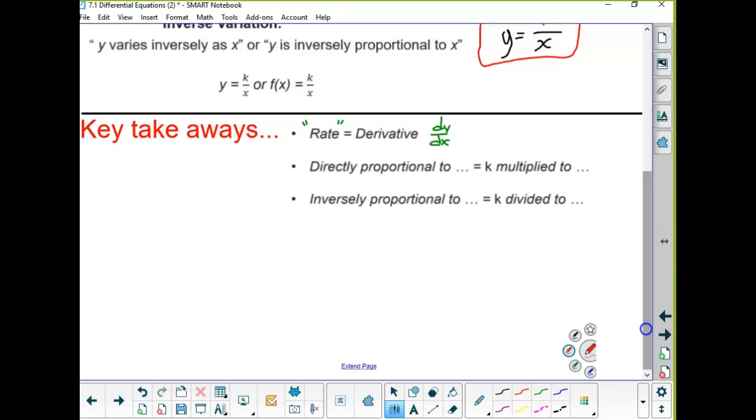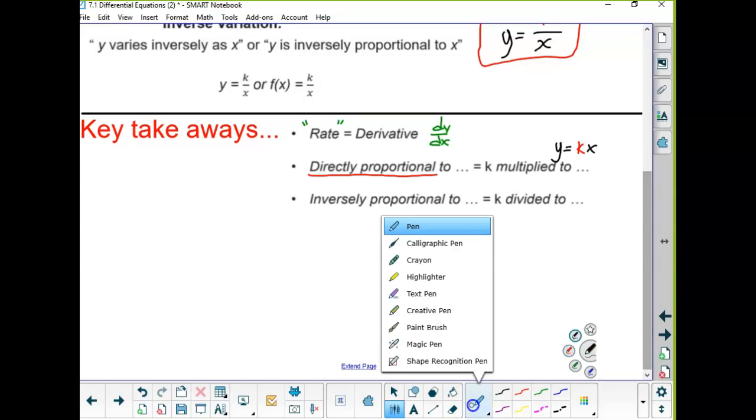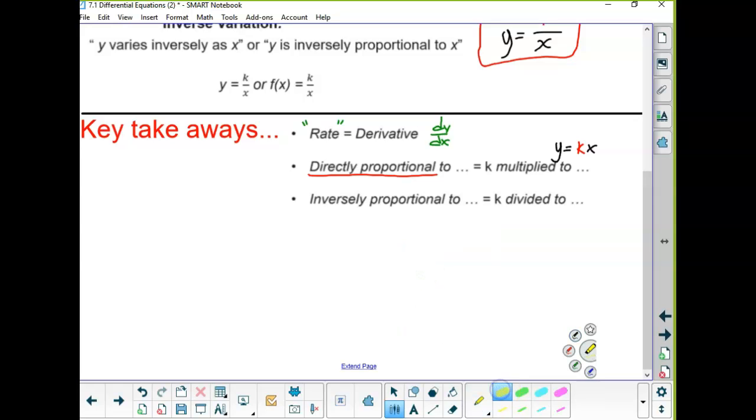And then when you see the words directly proportional, I want you to think multiply. And that's what I just had written up there, directly proportional was just being k times x, and that's it.